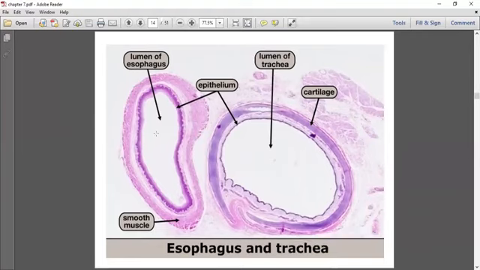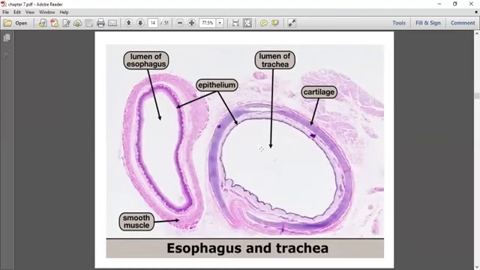The basic differences in tissue layers are related to the type of epithelium. Trachea, as you know, is composed of ciliated pseudostratified columnar epithelium, while the esophagus is composed of thick, non-keratinized stratified squamous epithelium.